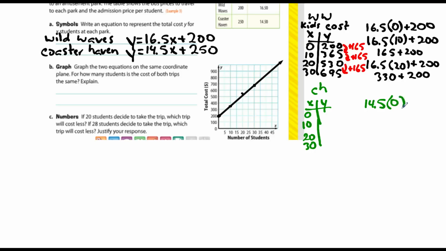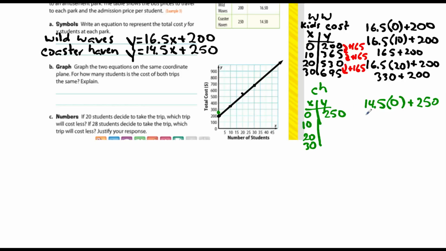So again, we start with 0 plus, and their fee was $250. So 14.5 times 0 is still nothing, plus 250 is 250. So this line, our y-intercept, is a little bit higher because they had a bigger fee, so that makes sense.